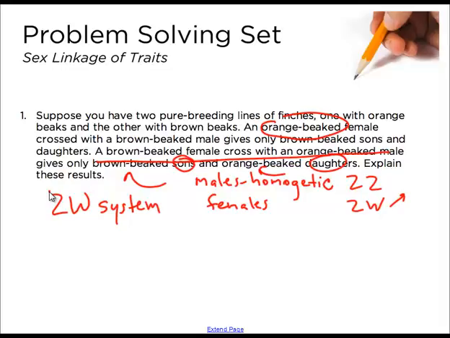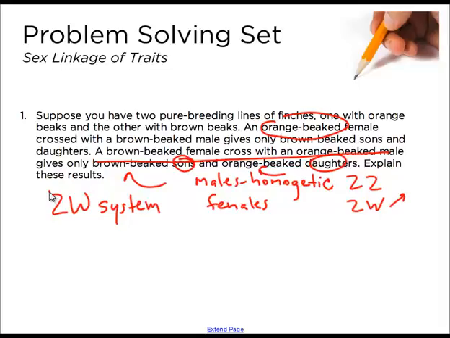So that tells you that it's sex linked, and it's on the Z for the same reason that if something's sex linked, we would assume it's on the X in the XY system. It's possible that it could be on the Y, but not likely. And if that was the case, it would come out in our problem solving. So we're going to make an assumption that this is a sex linked trait located on the Z chromosome and see where our crosses lead us.